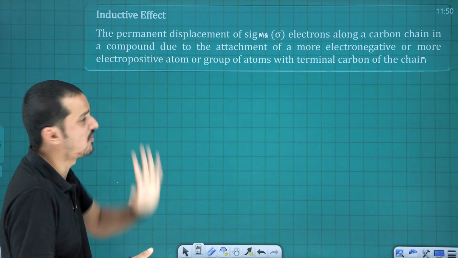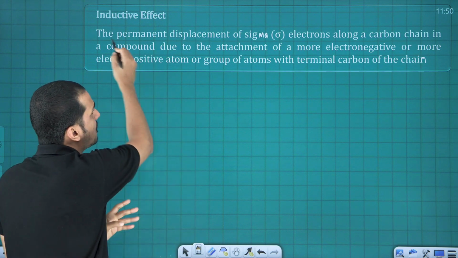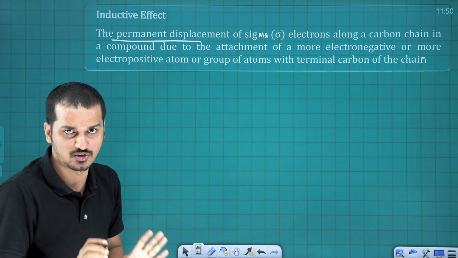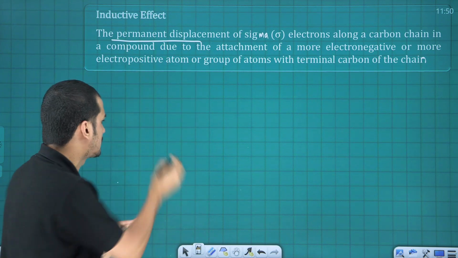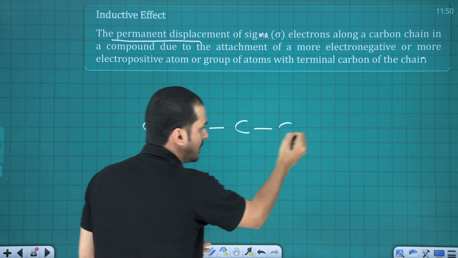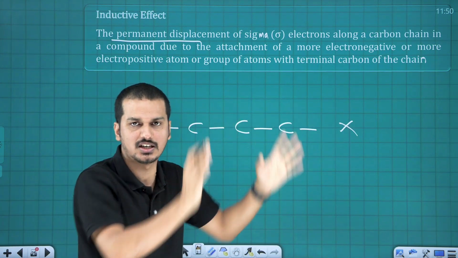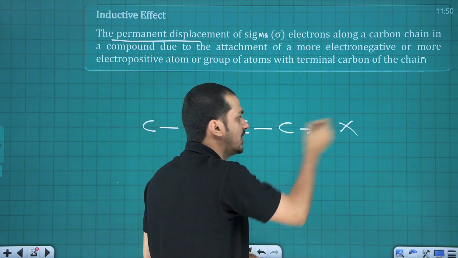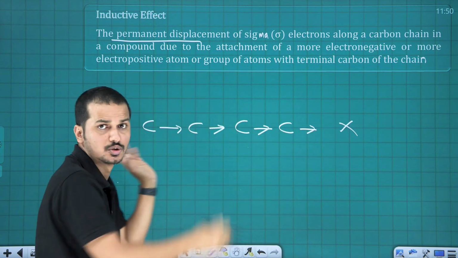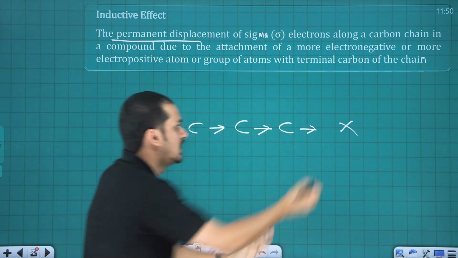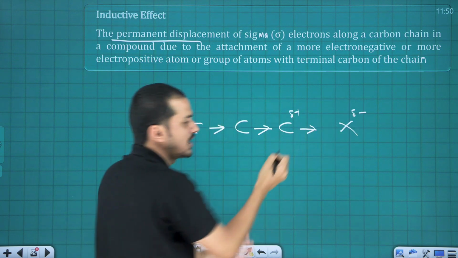Next again, we are going to look at their effects. First effect is the inductive effect. Inductive effect is a permanent displacement of sigma electrons. Whenever a carbon sigma bond is connected with a highly electronegative atom or a highly electropositive atom: if it is electronegative, it will withdraw all the sigma electrons towards it. So it will get a partial negative charge, and here a partial positive charge.